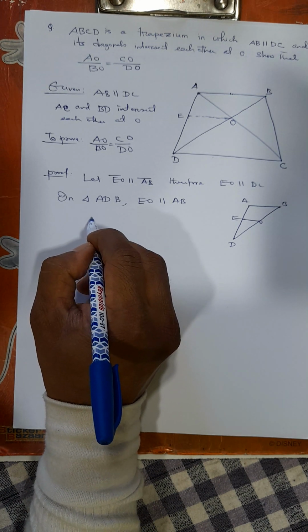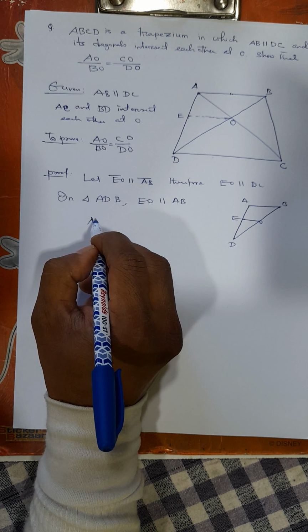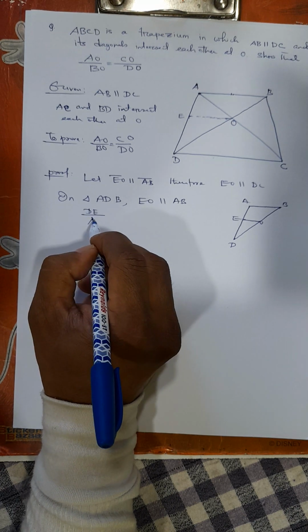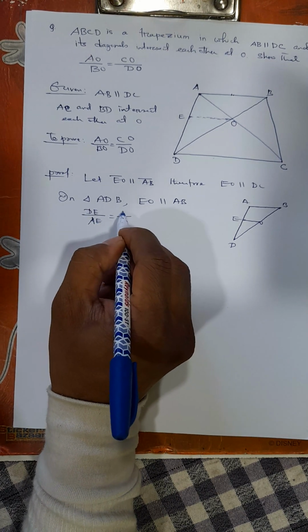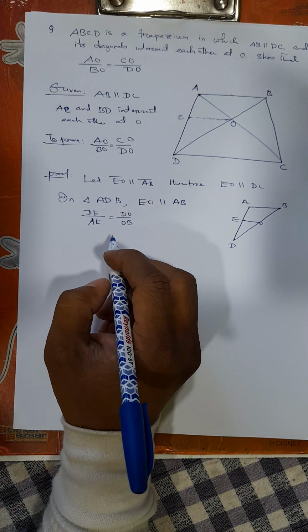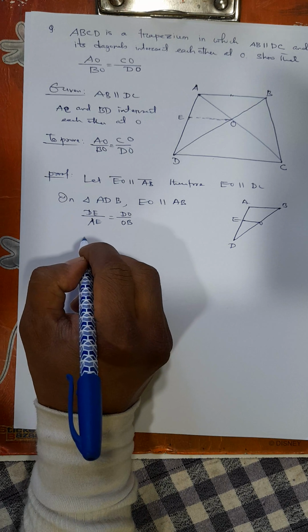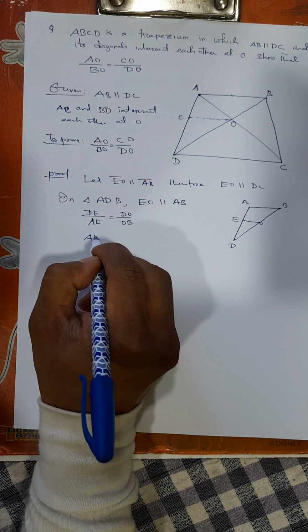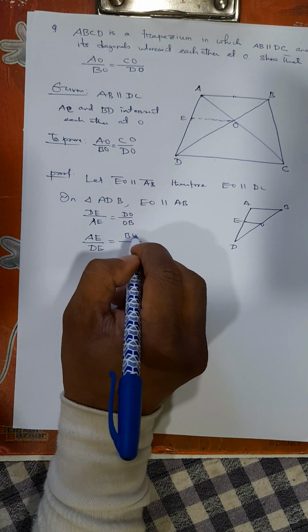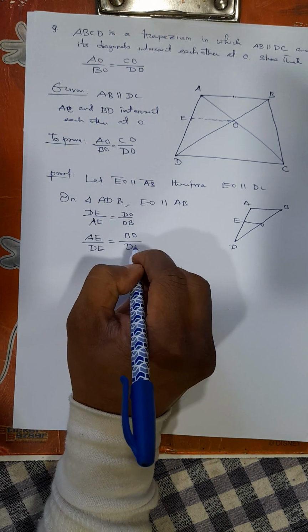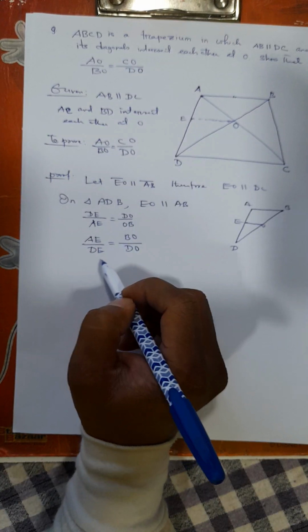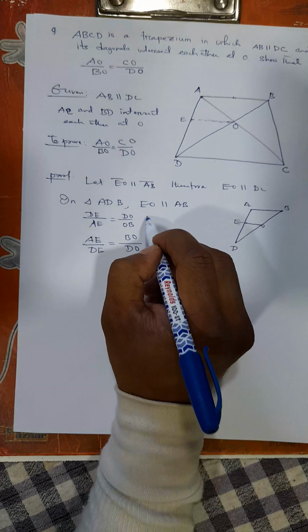That means DE by AE equals DO by OB, right? Or BO. You can write conversely AE by DE equals BO by DO, the reciprocal of this ratio. This is by the proportionality theorem.